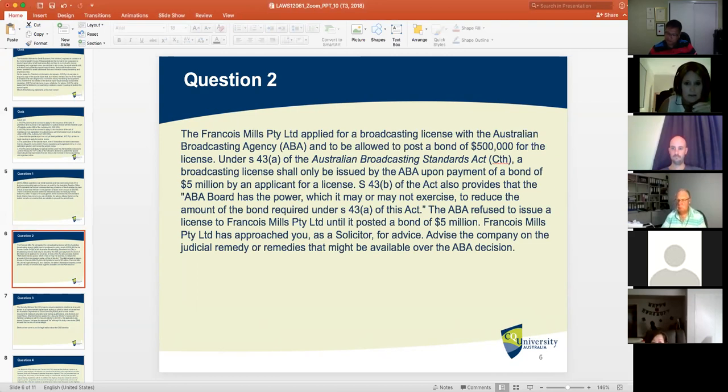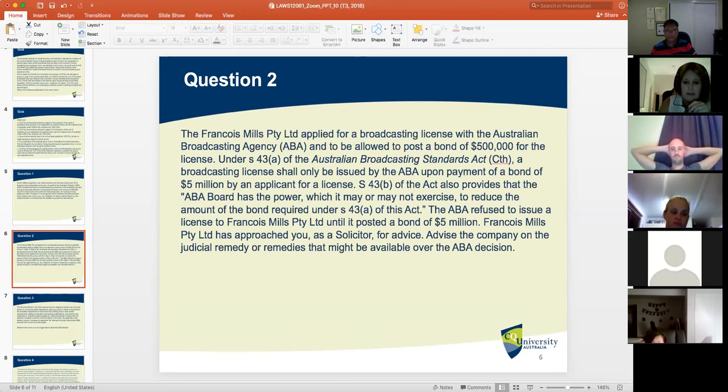The Francois Mills company applied for a broadcasting license from the Australian Broadcasting Agency, ABA, and asked to be allowed to post a bond of $500,000 for the license. Under Section 43A of the Australian Broadcasting Standards Act, Commonwealth, a broadcasting license shall only be issued by the ABA upon payment of a bond of $5 million by an applicant for a license.